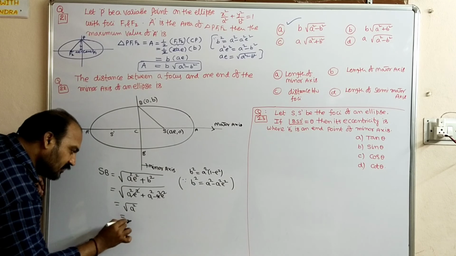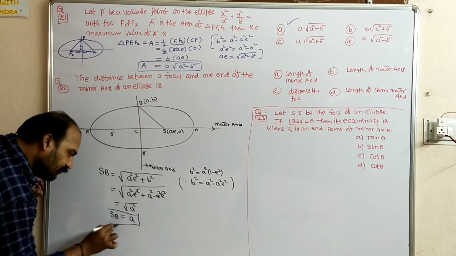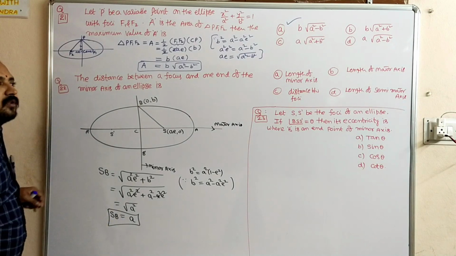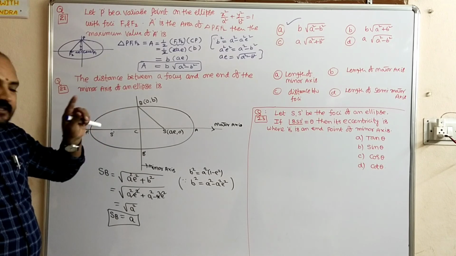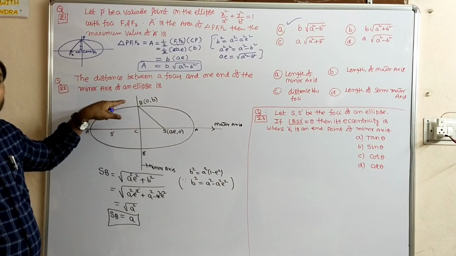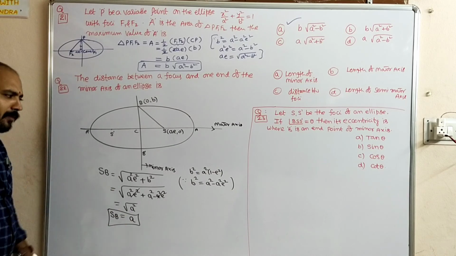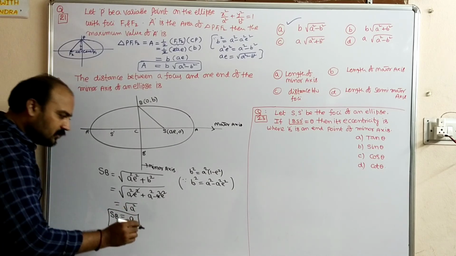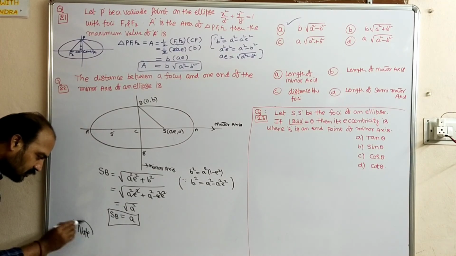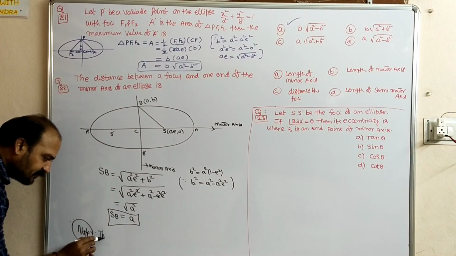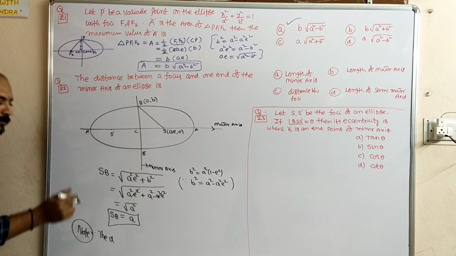Root A square is equal to A. Therefore SB is equal to A. Therefore the distance from focus to one end of the minor axis is equal to A. From now on you remember this shortcut formula. Give it as a note also. Not only from this focus, even from the other focus you get the same answer.